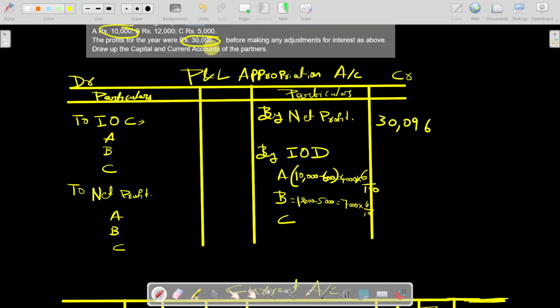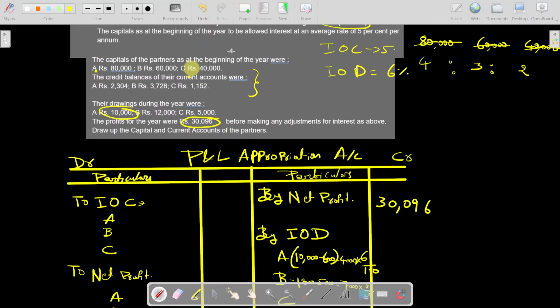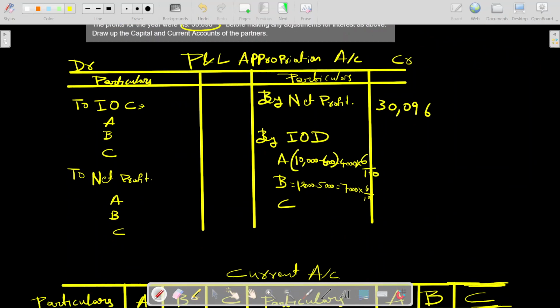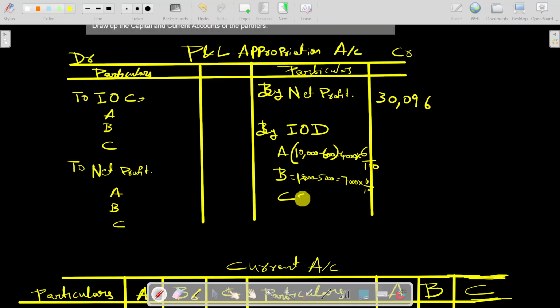And C is taking 5,000 and allowable is 4,000. So 5,000 minus 4,000, 1,000 into 6 by 100.